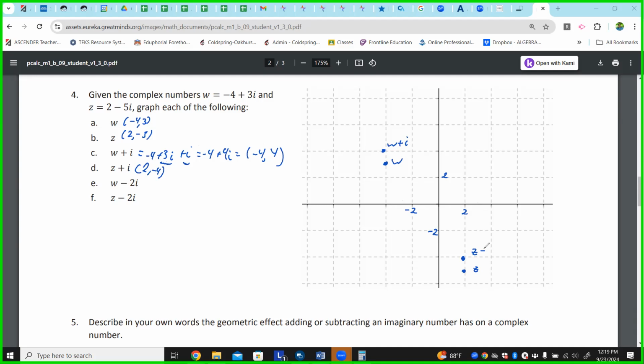This is what Z plus i does. What's E going to be? Very good. So I go -4, -1. Whoa. Let's see, -2 plus 3.